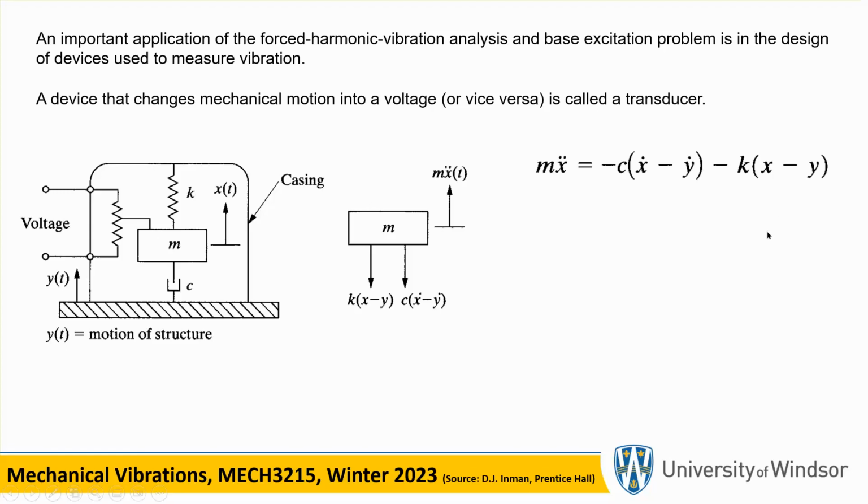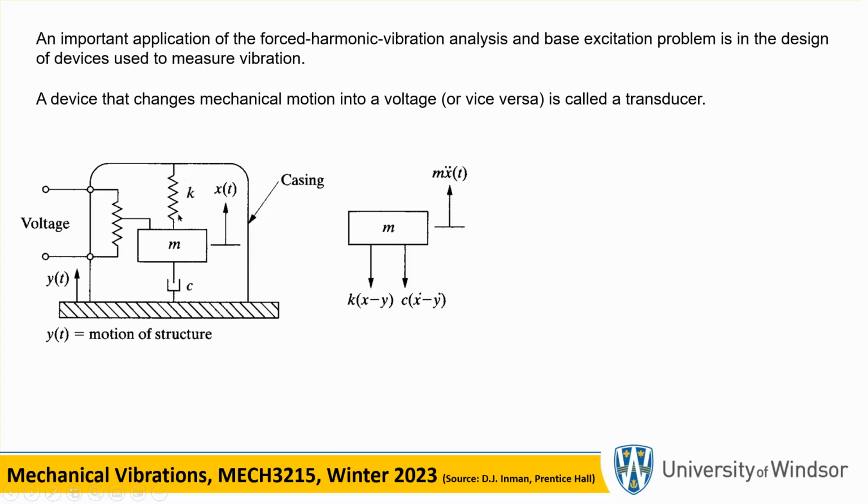Here is an old-fashioned mechanical accelerometer. Notice that you have a casing, and the base of this casing is attached to something that is moving. So the thing that we're trying to find the acceleration of is this cross-hatched region, on which this accelerometer is mounted.